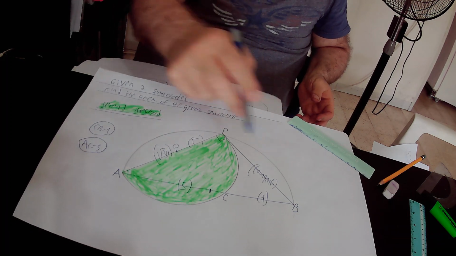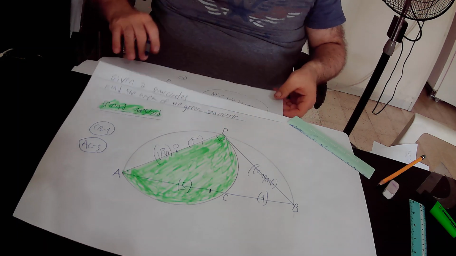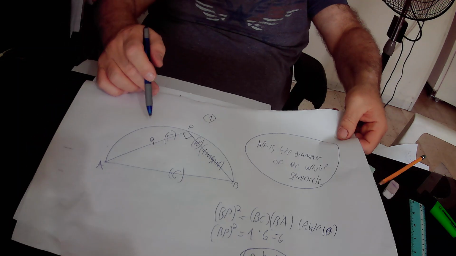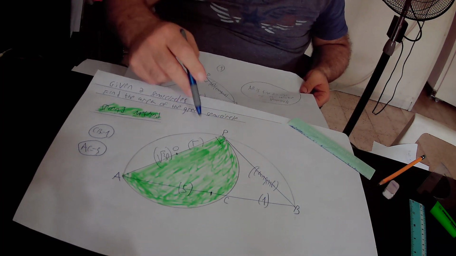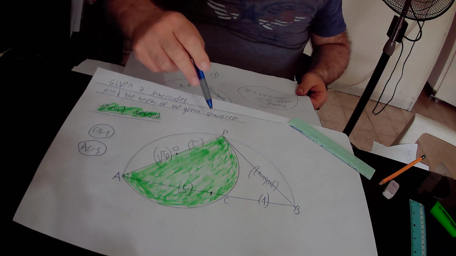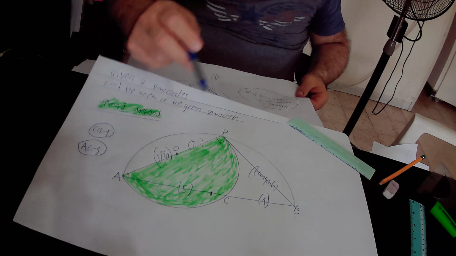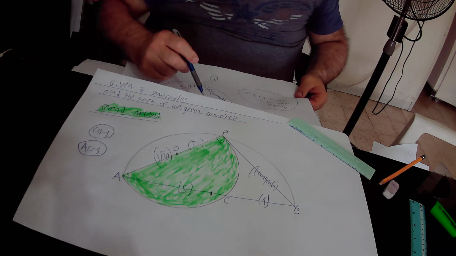Okay, we know that angle APB equals 90 degrees according to rule 7. Again, this is angle APB, that is a right angle. So line segment BP creates 90 degrees with the radius PO of this green semicircle.